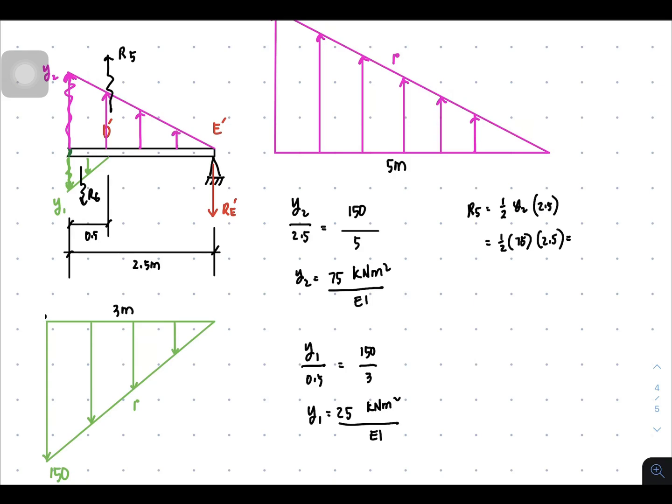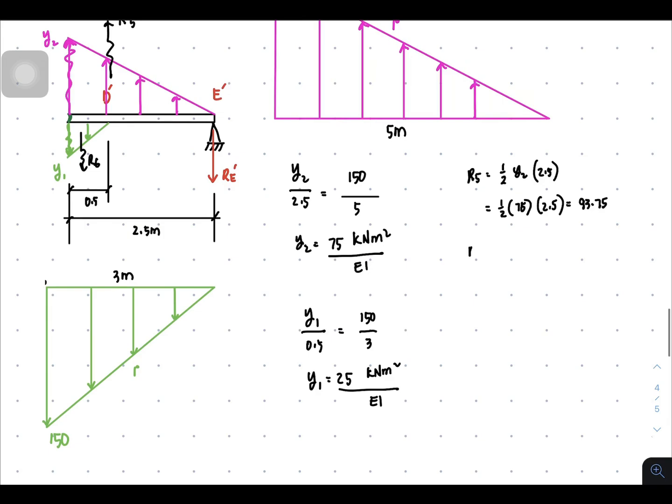So that's 0.5 times 75 times 2.5. It's 93.75. And then for R6, it's going to be 1/2 of y1 times 0.5. So it's 1/2 of 25 times 0.5. So that's 25 times 1/2 times 0.5. It's 6.25.